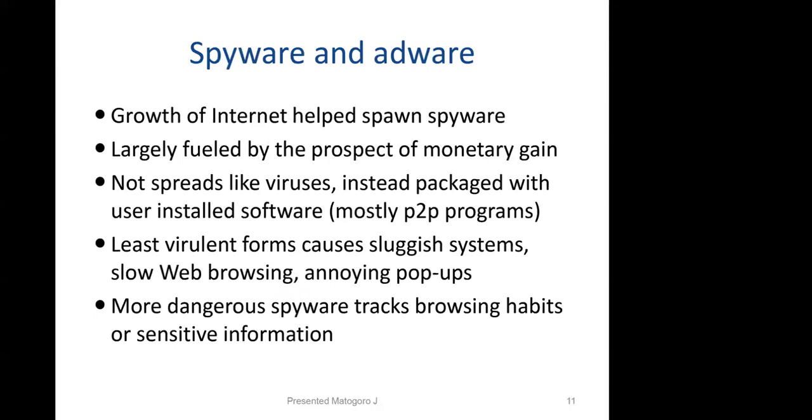So, spyware and adware. The growth of the internet helped spyware spread, largely fueled by the prospect of monetary gain, as most of you mentioned as the reason for the rise of spyware. It does not spread like a virus; instead it is packaged with user-installed software, mostly when you download from peer-to-peer programs, like torrent programs. The risks come in variant forms: it causes sluggish systems, slow web browsing, and annoying pop-ups.